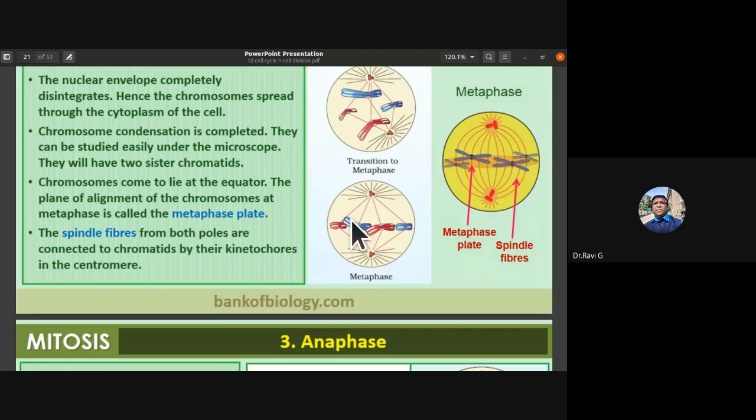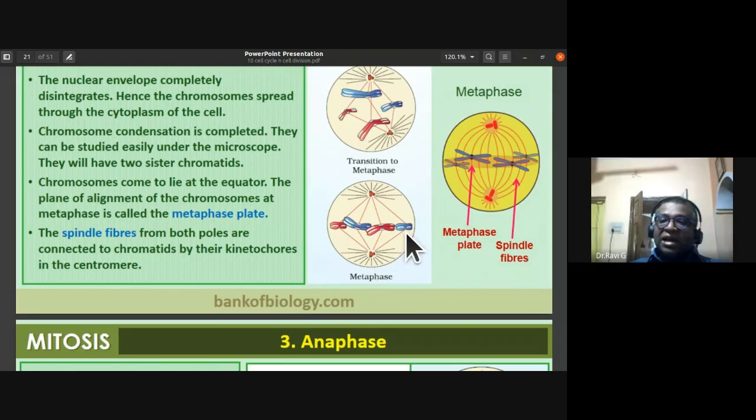The centrosomes with radiating microtubules we call asters, and the spindle fibers arise from these microtubules and are attached to the kinetochore of the centromere. They have not described that, but you should understand that the spindle fibers are attached to the kinetochore.